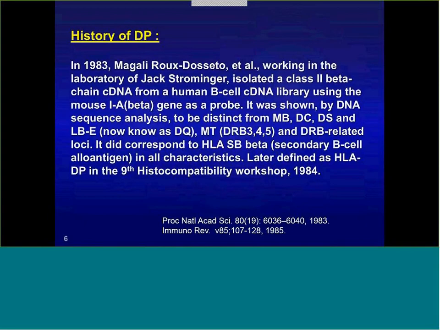By the most sophisticated DNA sequence analysis available, it was shown that this new product was different from what we now know as HLA-DQ, HLA-DR beta 3, 4, 5, or HLA-DR beta 1. And eventually, by 1984, HLA-DP was named, and that's how we've been referring to it ever since.